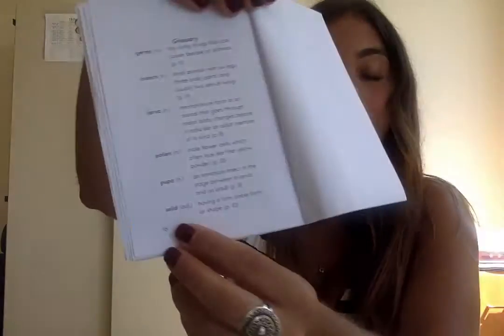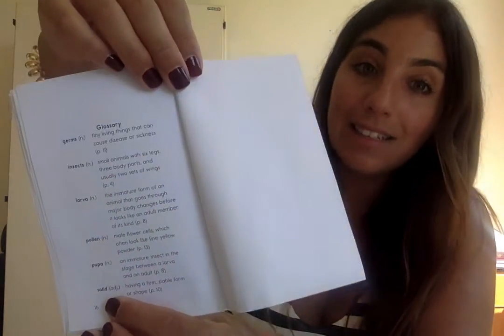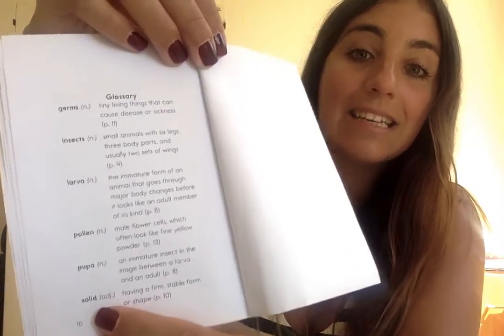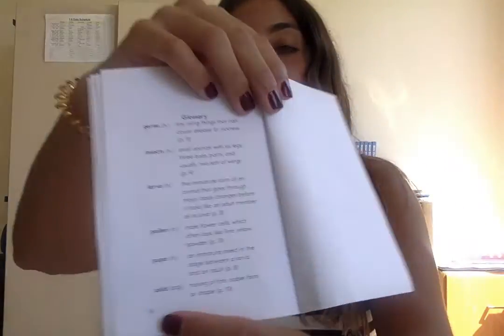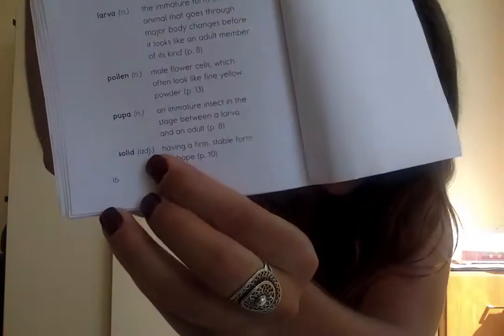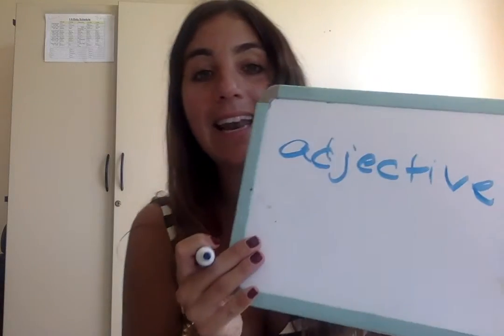And our next word is solid, which is not a noun, it is not a verb, it is an adjective. Remember that an adjective, and we can see the abbreviation right here, ADJ, an adjective is a description word. An adjective we use to describe a noun.